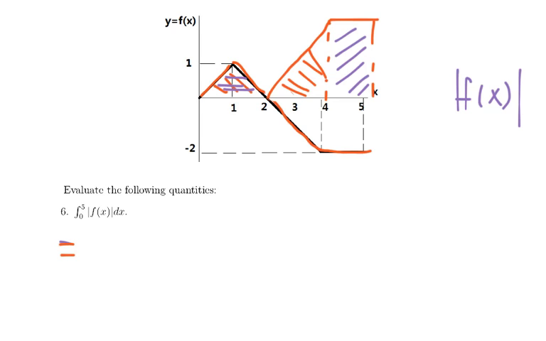Okay, so for this first triangle, its area is just what we found in the first part, that is A(2), and it is equal to 1. And for the second part, for this triangle here, we can use the formula for the area of the triangle.